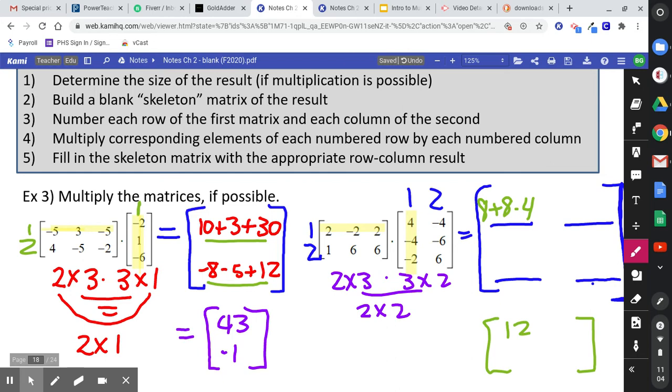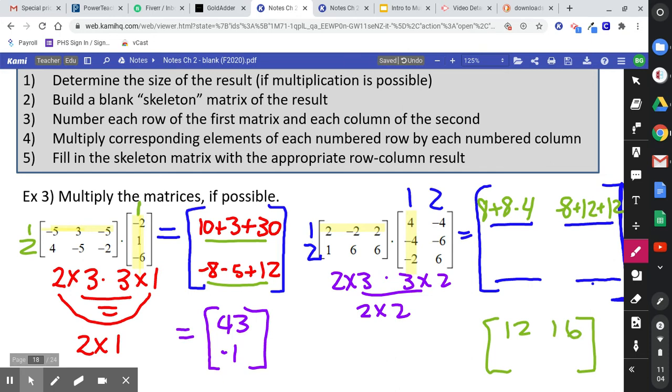Now I'm going to do first row times second column. First row times second column, 2 times negative 4 is negative 8. And negative 2 times negative 6 is 12. And 2 times 6 is plus 12. That's going to be 4 plus 12 is 16.